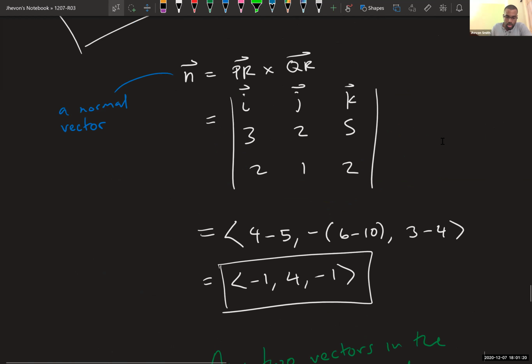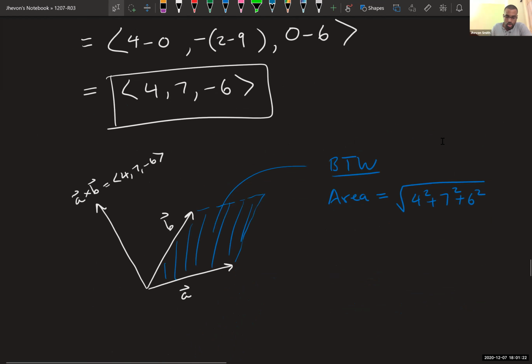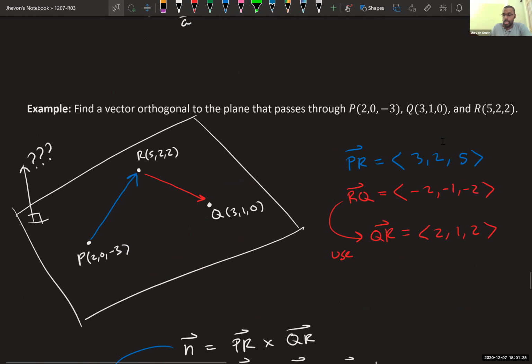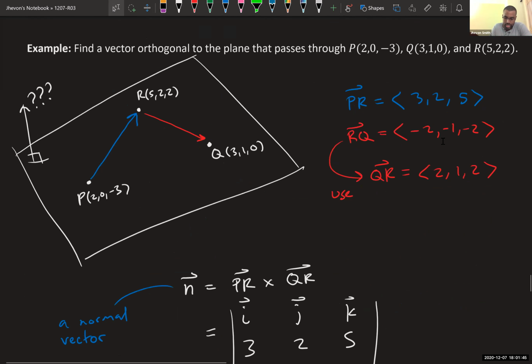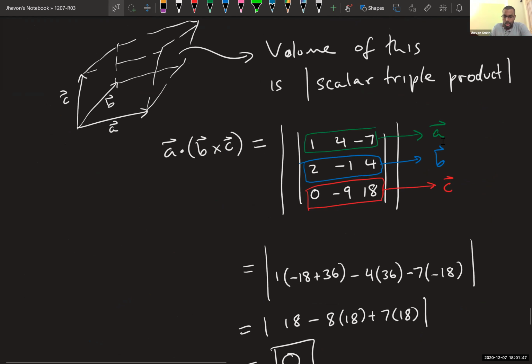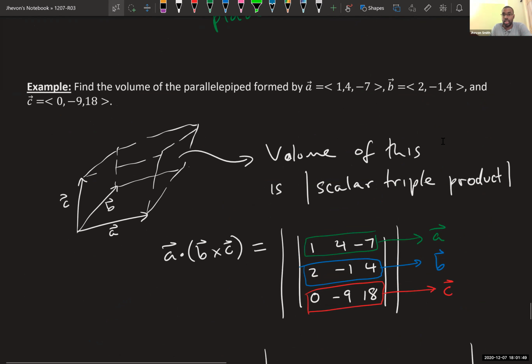So cross products, pretty cool. We can use it to find an orthogonal vector to two given vectors, the magnitude of which is going to be the area of the parallelogram spanned by the two vectors, and it will point in a direction consistent with the right-hand rule. We can use this to do all sorts of things, like find a direction that's orthogonal to a plane, or in the future, you'll learn how to find vectors orthogonal to a whole bunch of other things. And one application is called the scalar triple product.